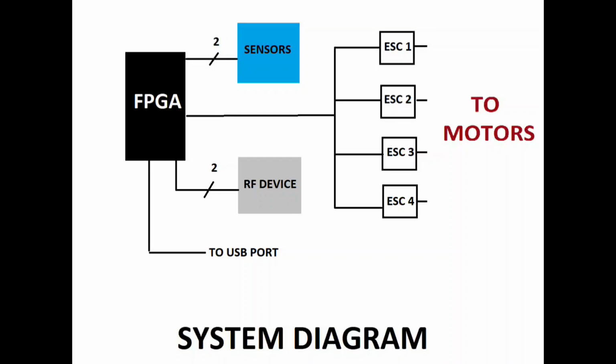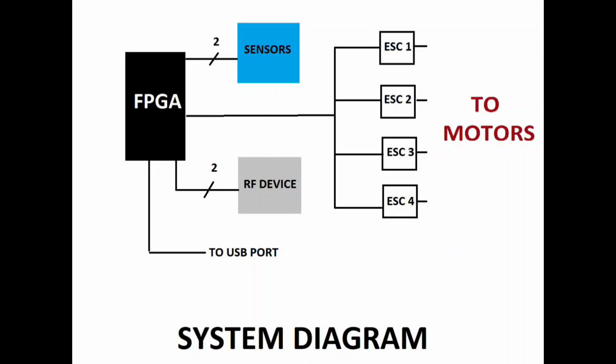So to get started, the system diagram is basically the center of the design for the quadcopter, and essentially the components are the FPGA, then the sensors.